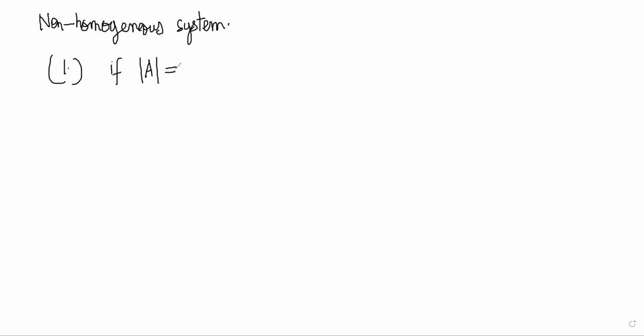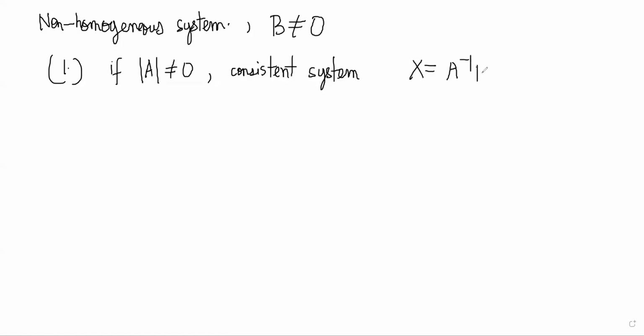Det of A is not equal to 0, and non-homogeneous system means basically B is not equal to the zero matrix. So in that case, it is called a consistent system because it has a unique solution, and the unique solution is X is equal to A inverse B.